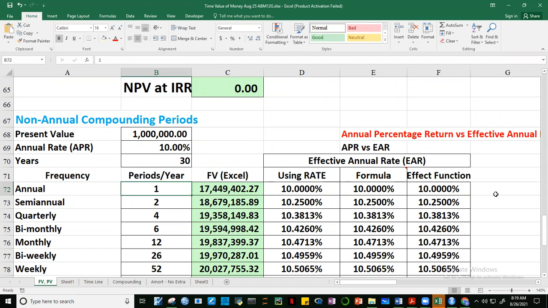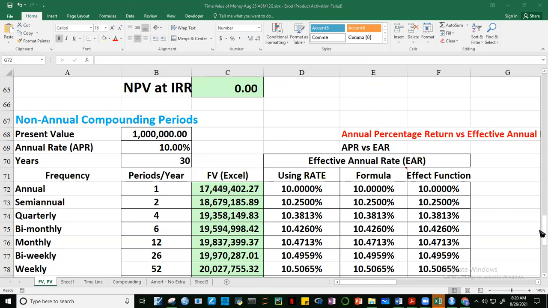Ibig sabihin, either twice a year nagko-compound, 4 times a year, etc. Clear so far guys? Paki-chat naman please, kung clear tong concept ng EAR, APR. Okay, very good, very good. I surmise that yes yung answers nyo.